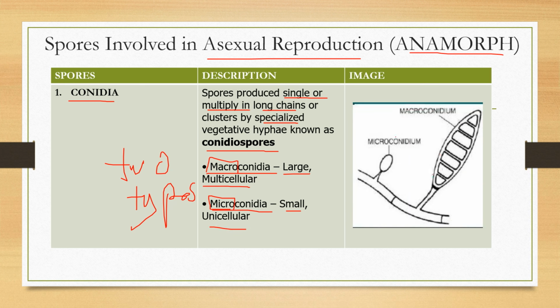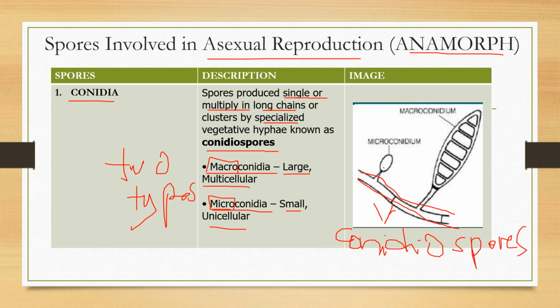So this is an illustration of what a conidia would appear like. They can be produced singly or multiply in long chains on vegetative hyphae known as conidiophores. This hyphae is known as your conidiospores.